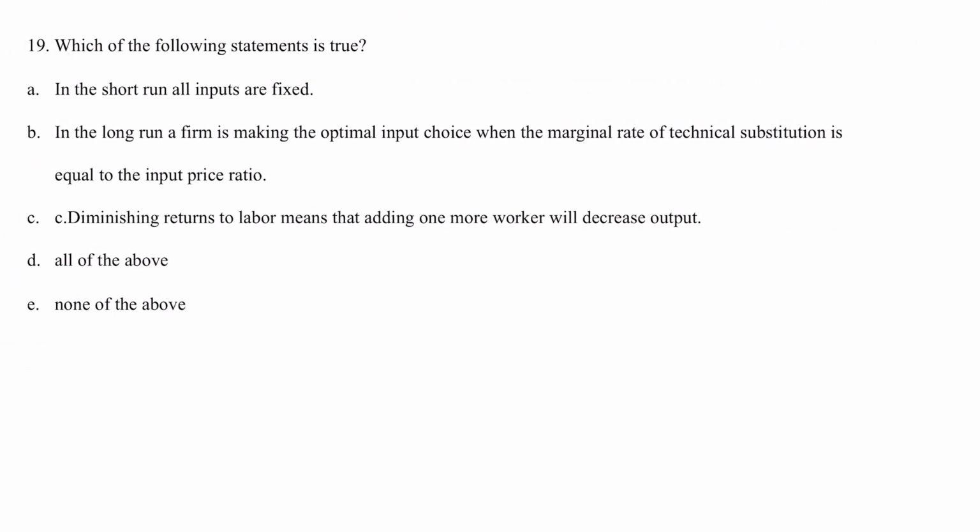Which of the following statements is true? A says in the short run all inputs are fixed. This is not true. In the short run, at least one is fixed. In the long run, the firm is making the optimal input choice when the marginal rate of technical substitution is equal to the input price ratio. That's true. Diminishing returns to labor means that adding one more worker will decrease output.